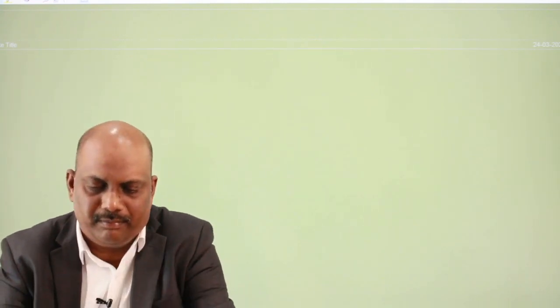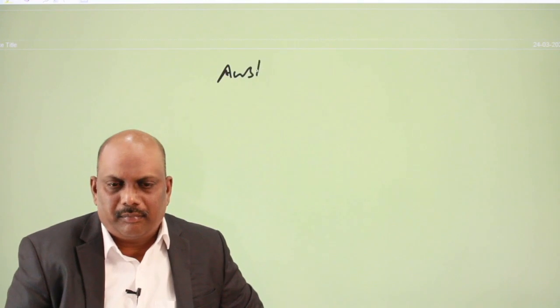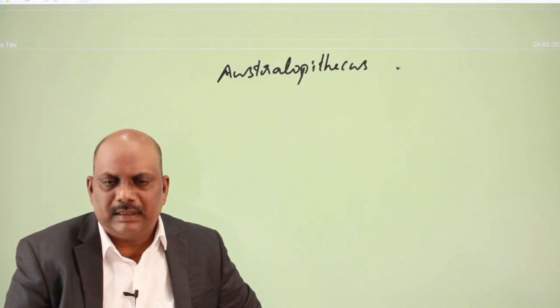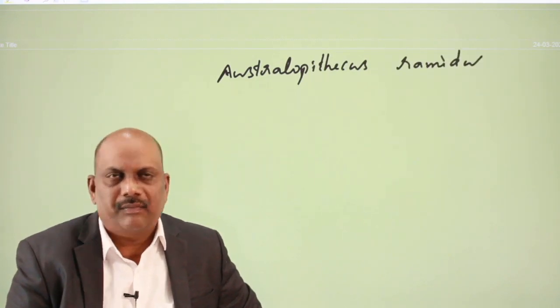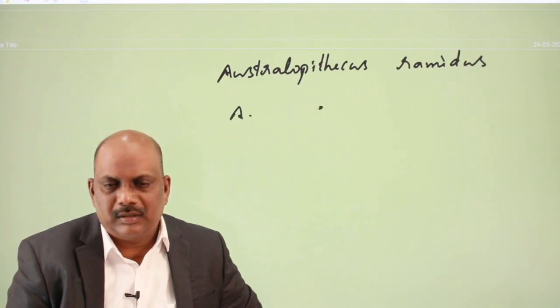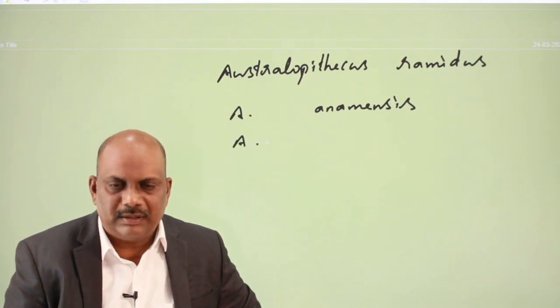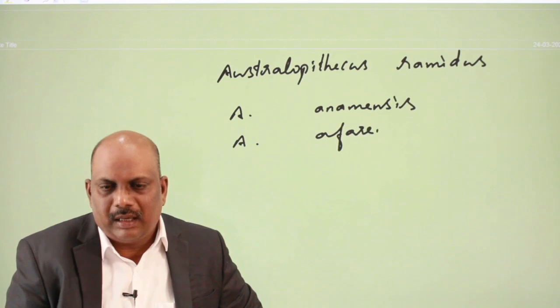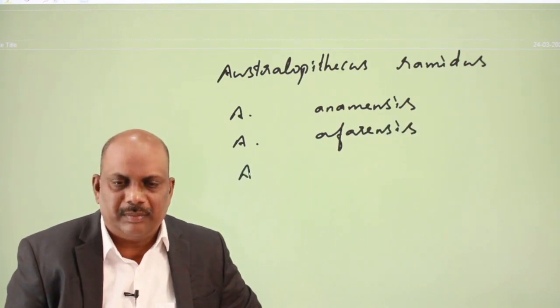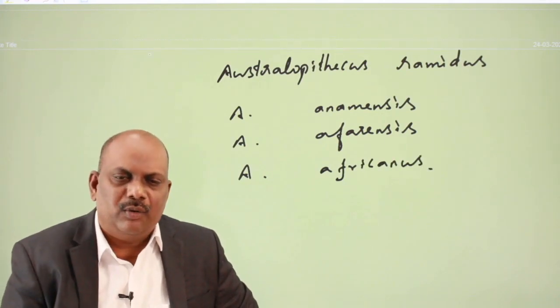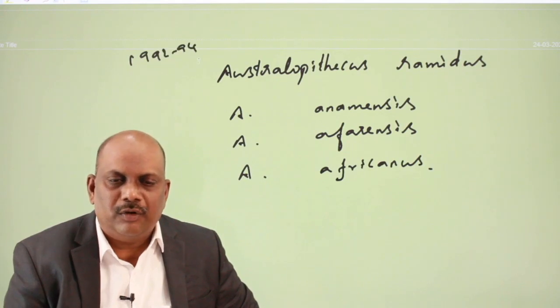We have Australopithecus ramidus, Australopithecus anamensis, then we have Australopithecus afarensis, then Australopithecus africanus.